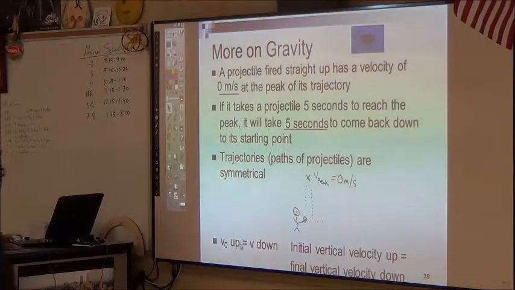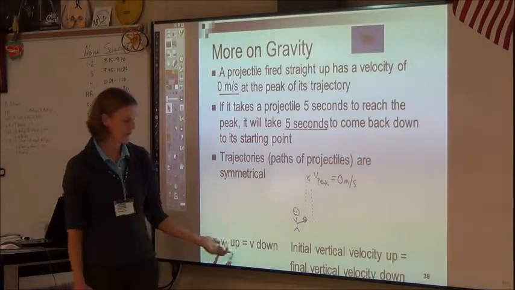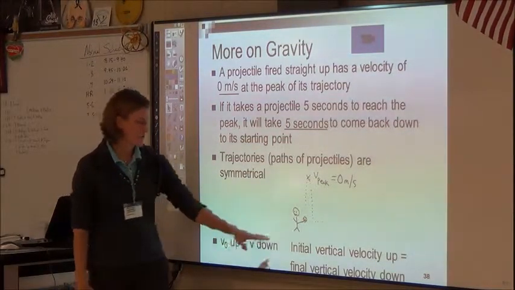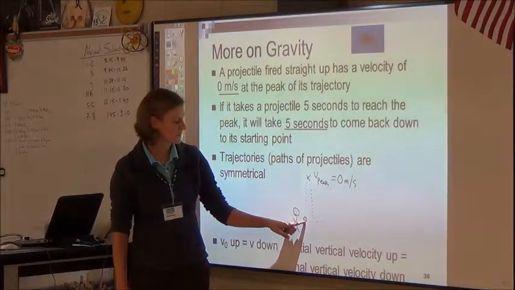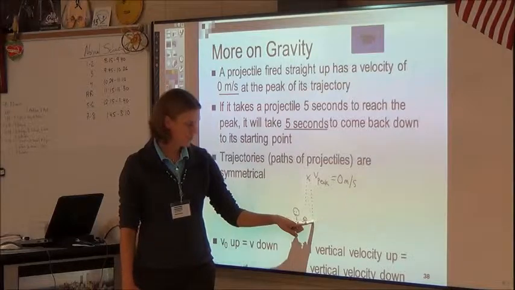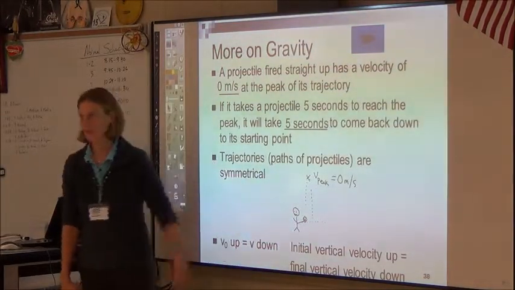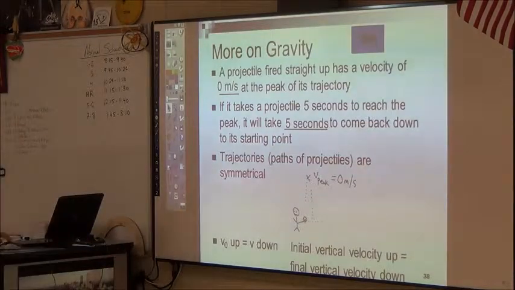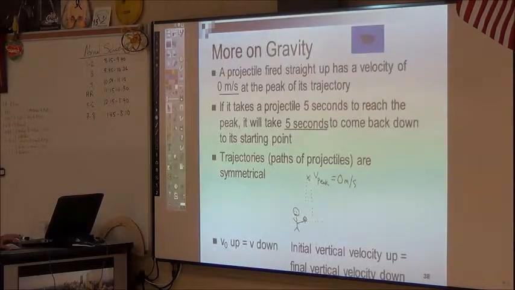And the initial velocity up, at least the magnitude of that velocity, would equal the velocity down at that same level. So if this ball were released here at 10 meters per second up, what's its velocity right there? 10 meters per second down. Okay, that will help you, I think, with a couple problems.